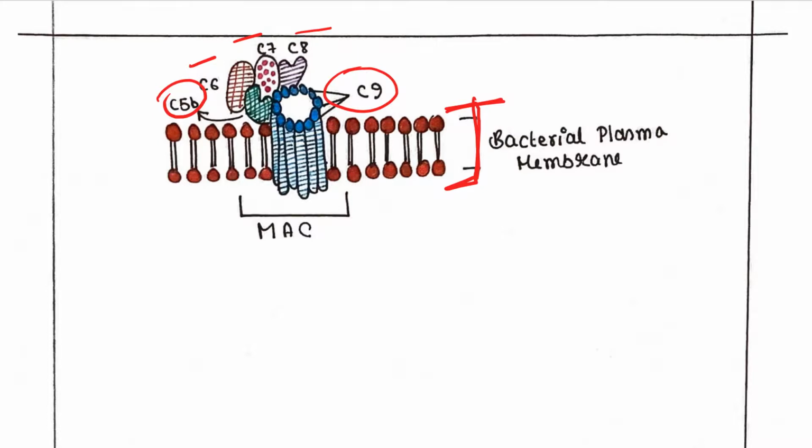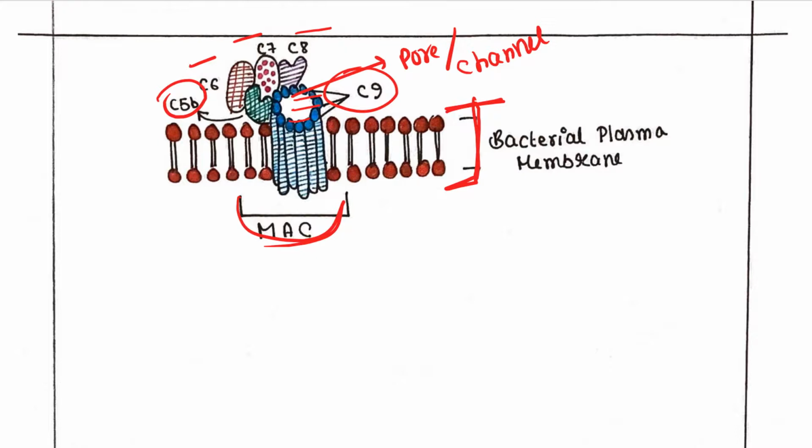So a number of C9 molecules are now attached to this complex, and this complex is the MAC or membrane attack complex. So they will form the pore. This is the pore, or you can say this is the channel. They will form a channel in the bacterial plasma membrane.